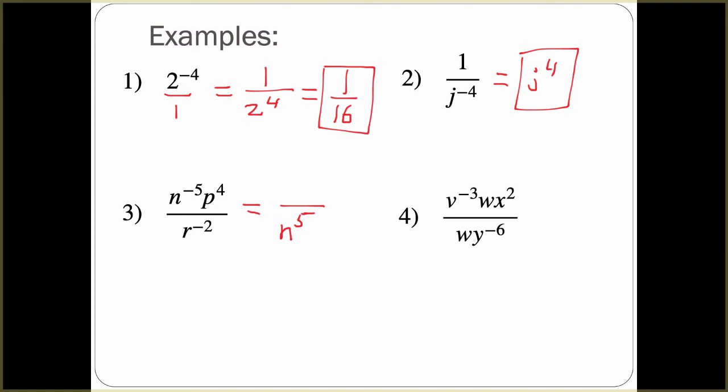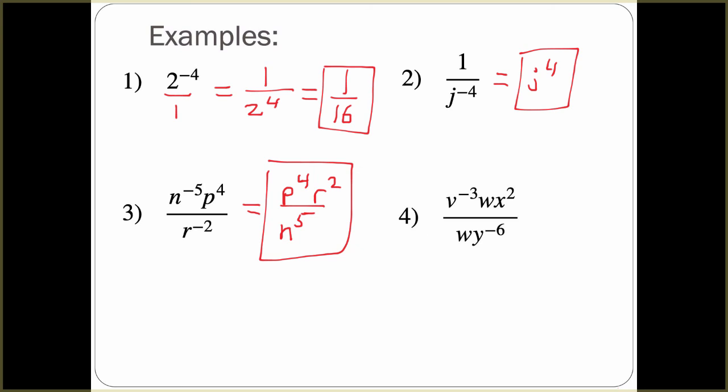It's a positive exponent. It stays put. We still have in our denominator r to the negative 2nd. We want to move that from the denominator to the numerator, and we get r squared in the numerator now. So we have p to the 4th, r squared, all over n to the 5th. And we no longer have any negative exponents.